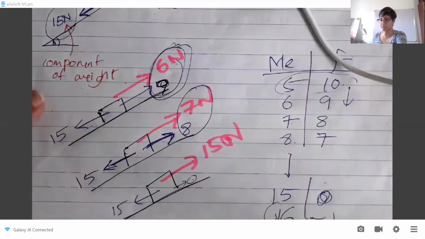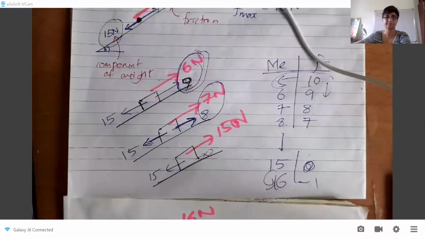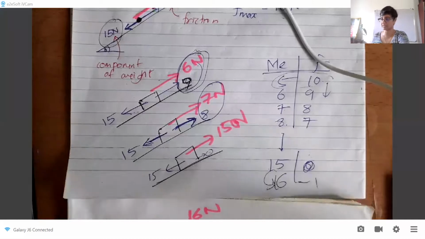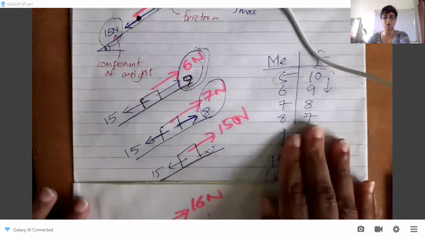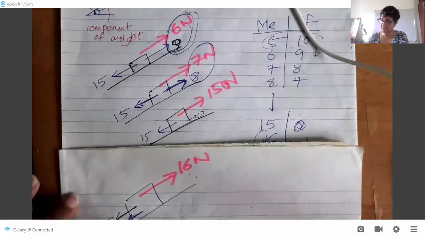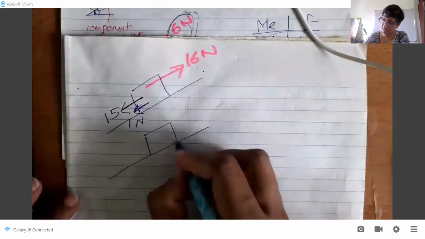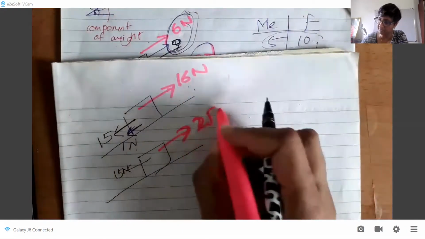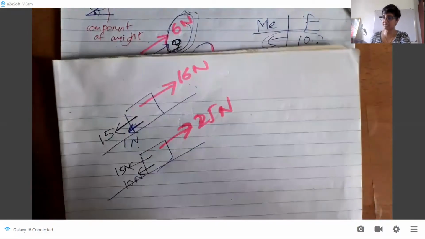If I show you the whole thing at once on one screen, you can't see everything, but I can make it small. This is 15. I can go all the way up to 25, and then friction would be 10, balancing.